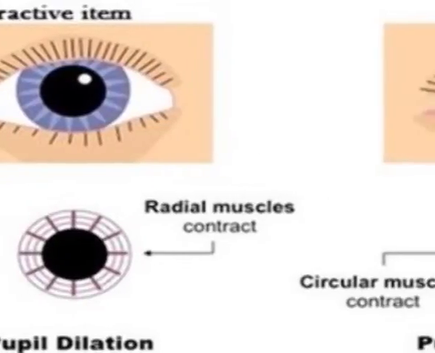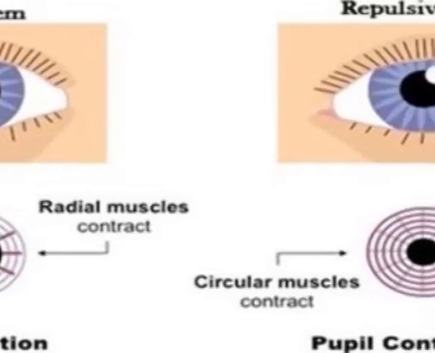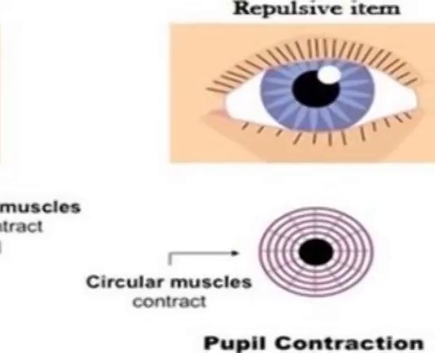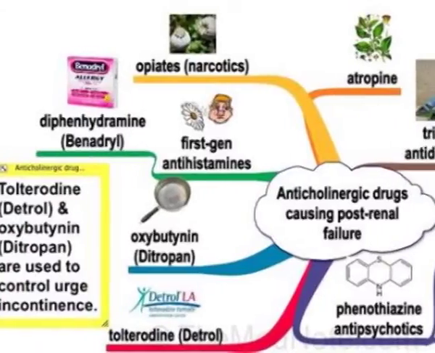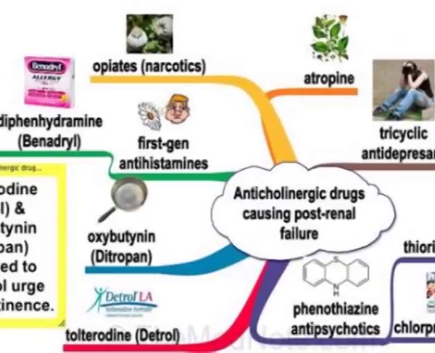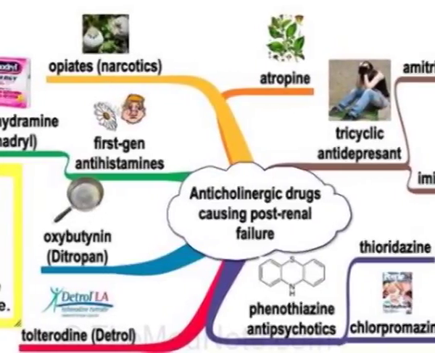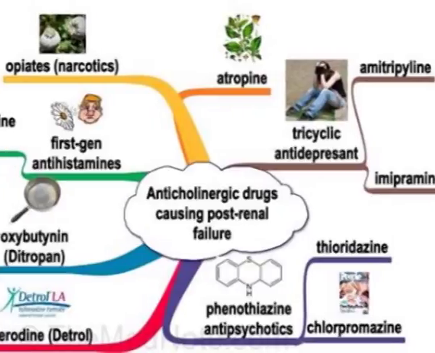Fifth, constriction of the pupil or miosis and accommodation of the lens for near vision. The muscarinic action of acetylcholine is blocked by atropine and other anticholinergic drugs. They are mimicked by methacholine, carbachol and pilocarpine, muscarine and arecoline.